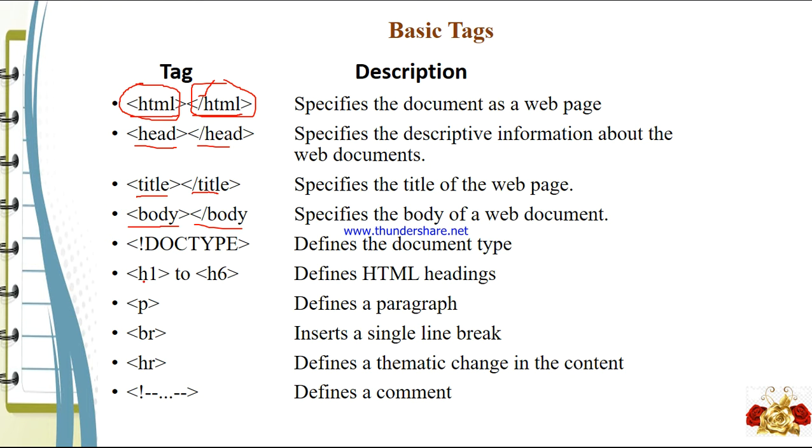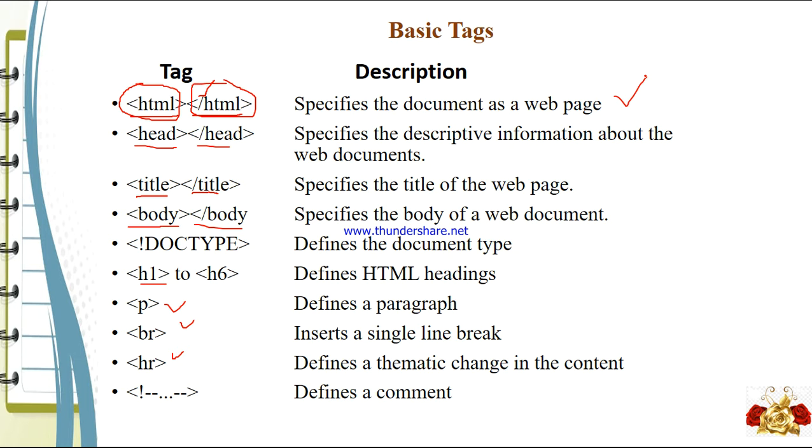Then there are H1 to H6, paragraph, and break. The HTML tag specifies the document as a web page, head describes the heading, and title gives the title of the web page.